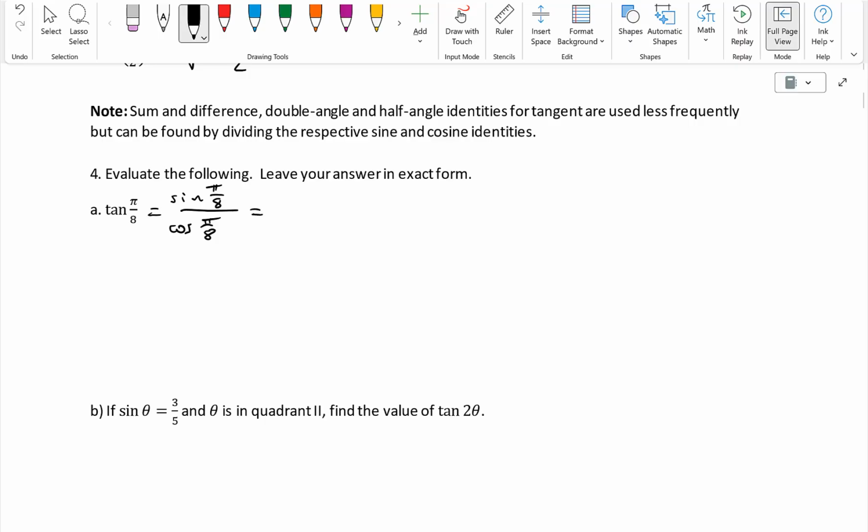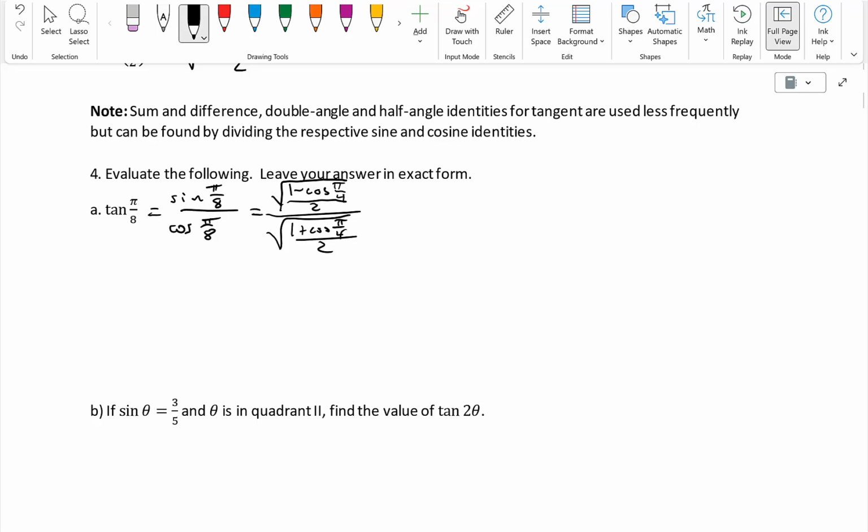Sine of pi over 8 would be the same as the square root of 1 minus cosine of, you can think of it as 2 times pi over 8, or really double that angle. We'll get pi over 4 right inside, all over 2, divided by our square root of 1 plus cosine of pi over 4, all over 2.